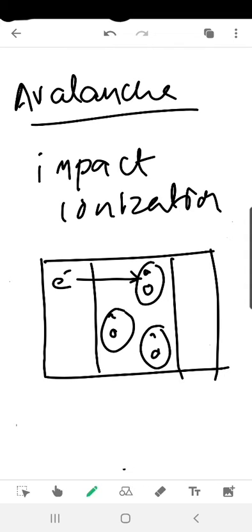This incoming electron will collide with this electron hole pair. When it collides, it will knock out this electron, and the electron will move towards the n side. This electron plus the incoming electron will both be swept towards the n side. Now the hole knocked from this pair will move towards the p side. While moving towards the p side, it may collide with another electron hole pair and release one electron and one hole.